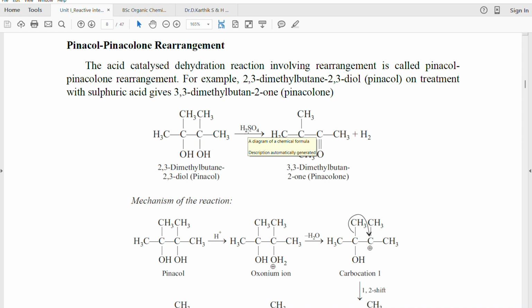So when we treat this hydroxy compound with acid, what does it produce? Respond, anyone? Try to recall the last class. Students, anyone respond?